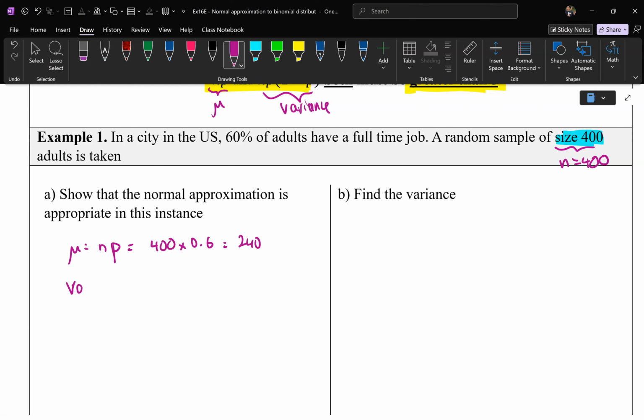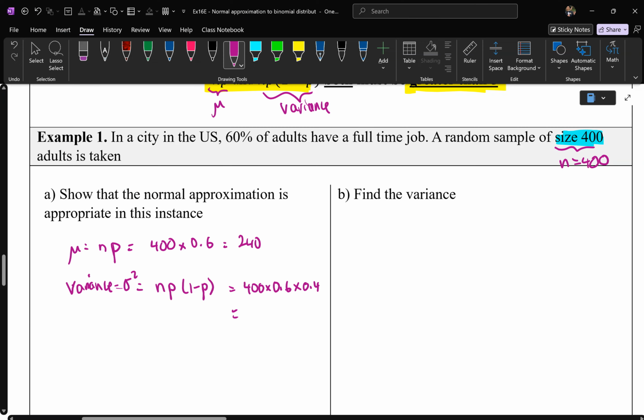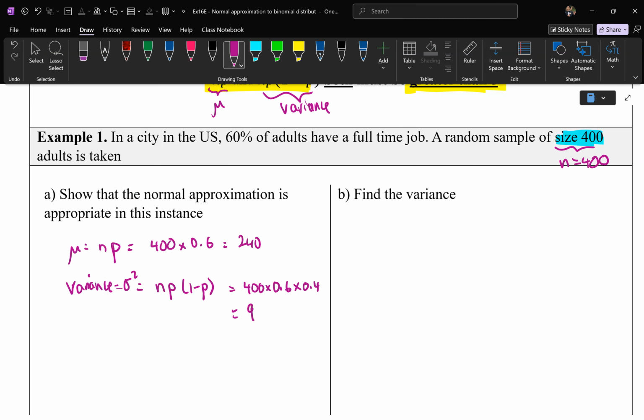Then what's my variance? Which is sigma squared. Variance is N times P times 1 minus P. It's 400 times 0.6, yes, 240 times 0.4. What does that give me? 96.